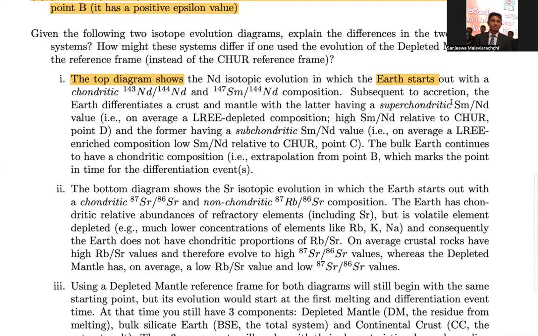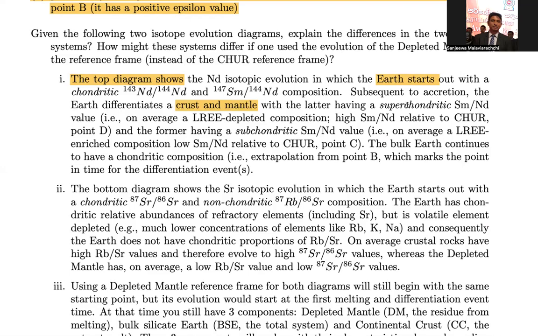Subsequent to accretion, the Earth differentiates a crust and mantle, with the latter having a superchondritic samarium neodymium value. Okay. What is it saying? Subsequent to accretion, that means after the accretion, the Earth differentiates a crust and a mantle, with the latter. What is latter here? Mantle.